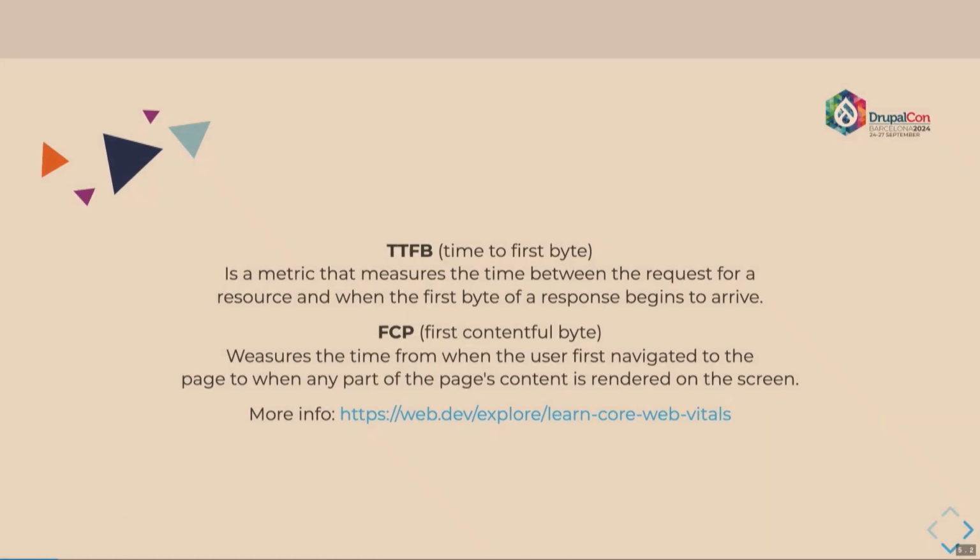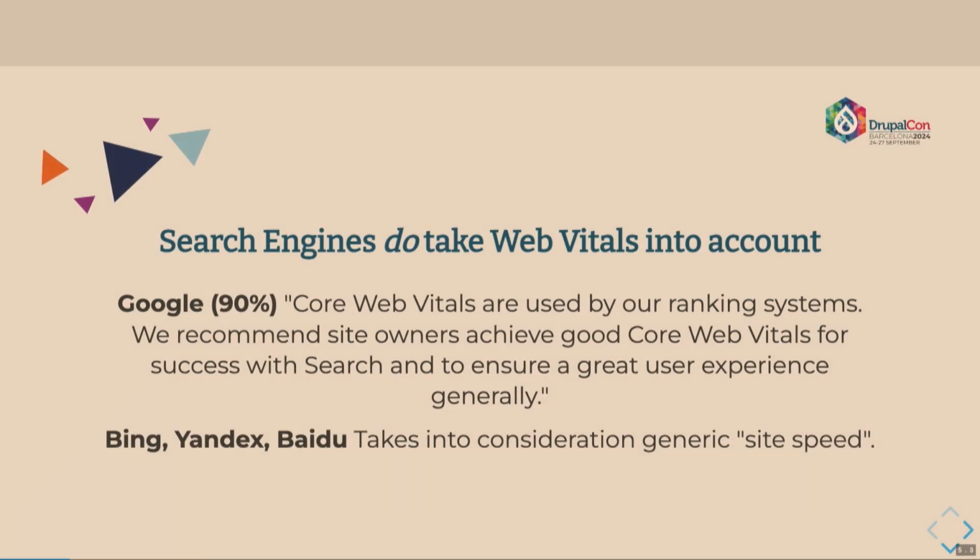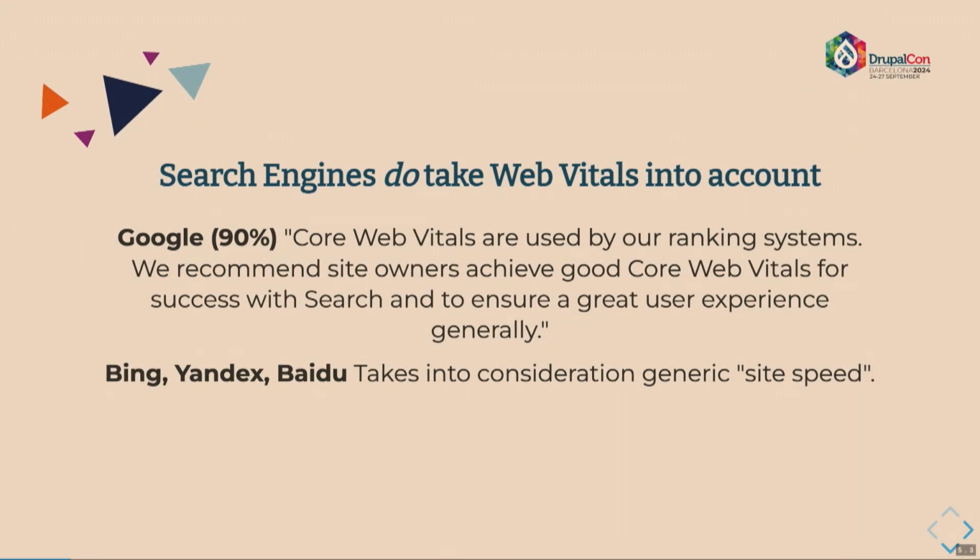It's also important to know that other web vitals that exist, like the time to first byte and the first contentful paint, are also closely related to performance. You can find more information about this on the web dev page. They are taken into account by search engines as of now.